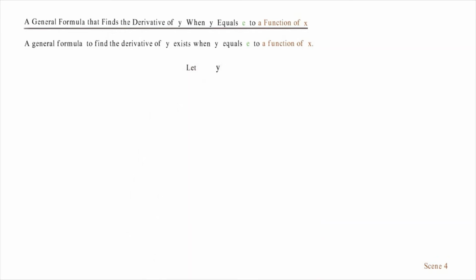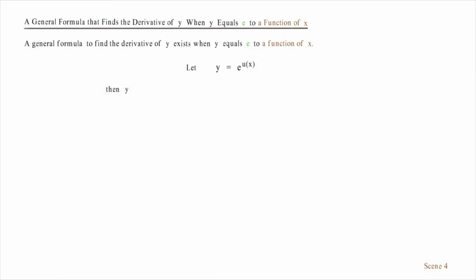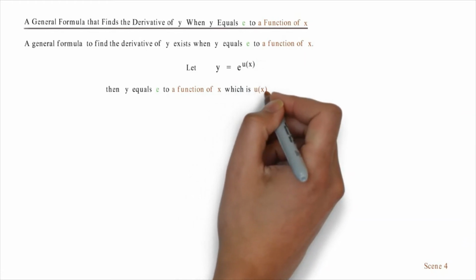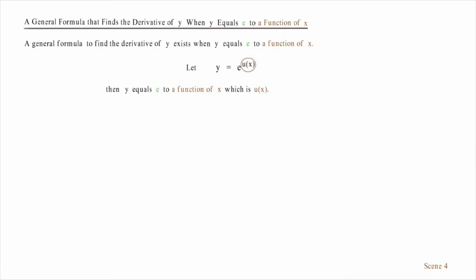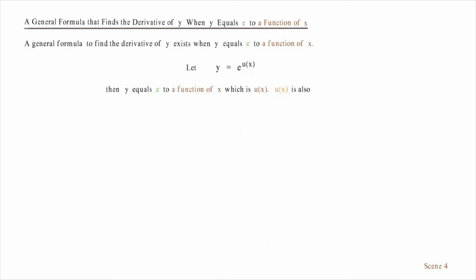Let y equals e to the u of x, then y equals e to a function of x, which is u of x. u of x is also the exponent of e.